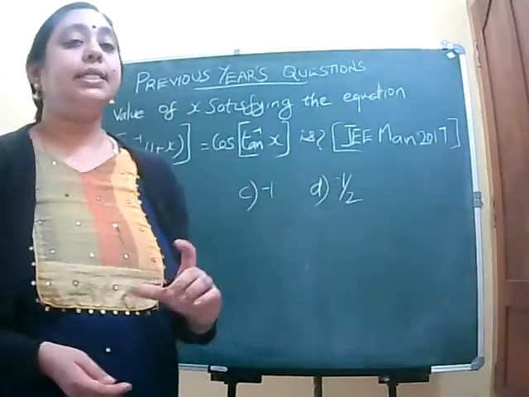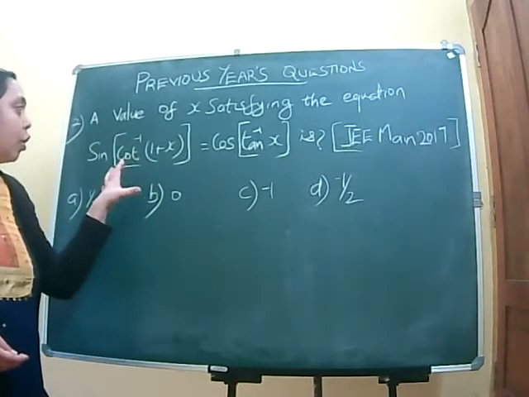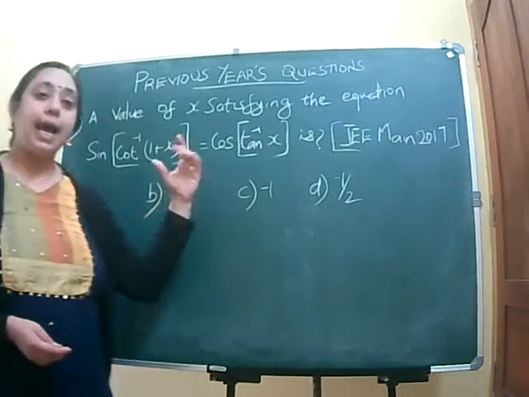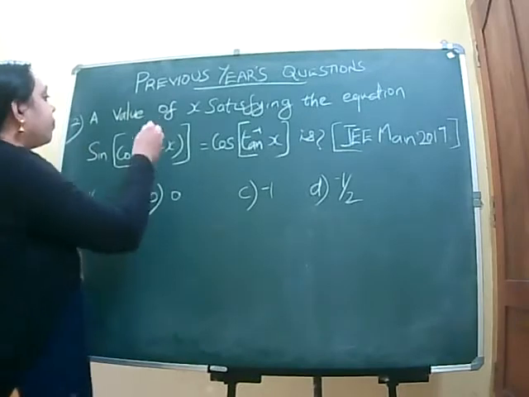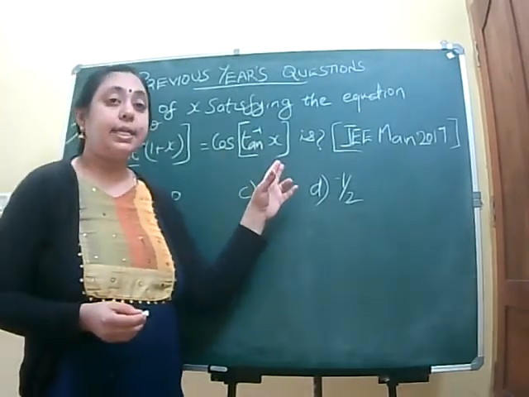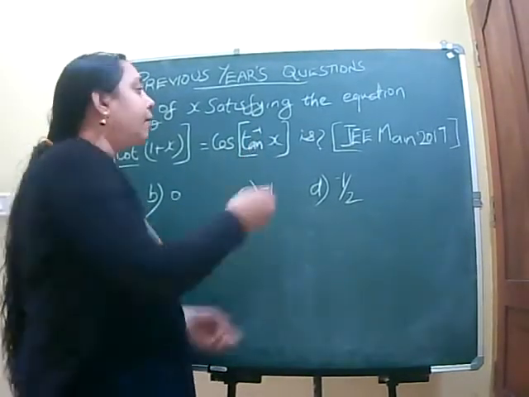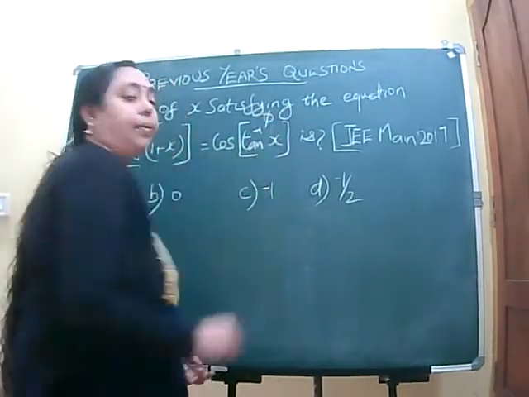That is, first of all, take substitution for cot inverse 1 plus x as theta. And in RHS, take substitution for tan inverse x, say phi.